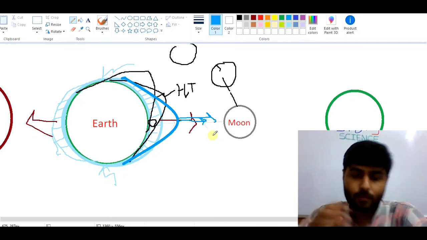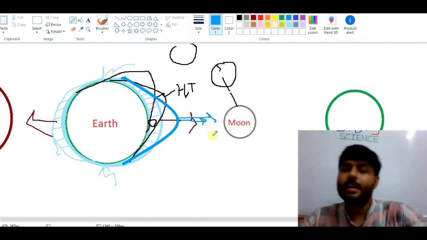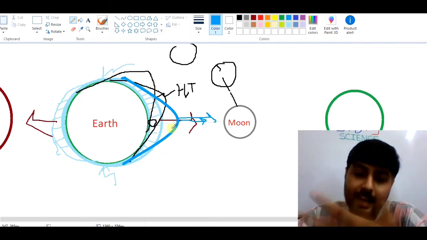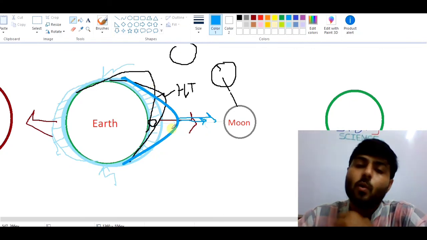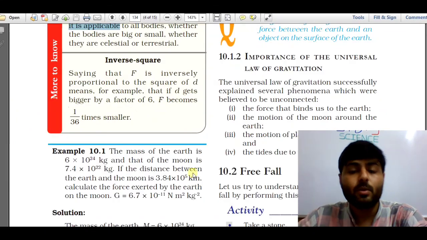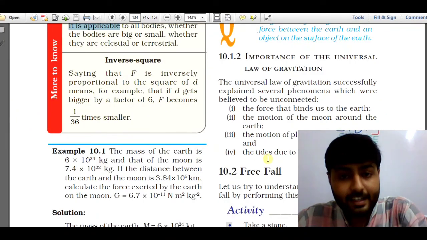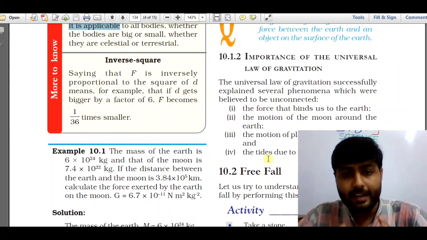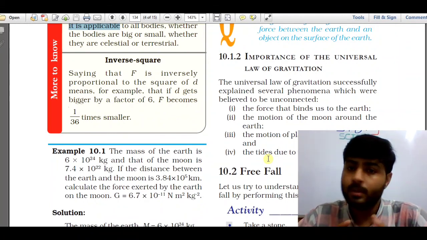So both forces act in the same direction. So high tide is comparatively higher and low tide is also comparatively higher on the other side. So now I hope you understood why high tide and low tide occur on earth due to gravitational force of moon and sun.